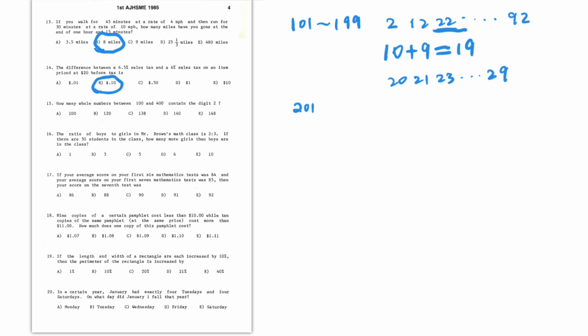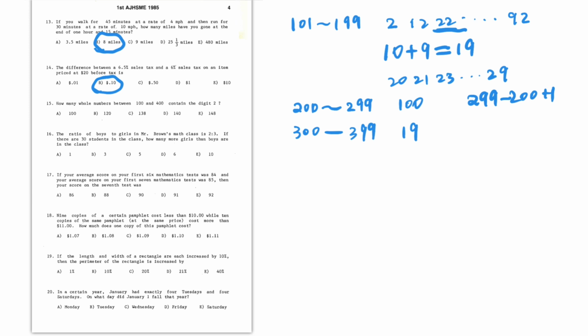From 200 to 299, that's 100 numbers. We already know the number of numbers: use 299 minus 200 plus 1. That's 100. From 300 to 399, same thing as 100 to 199 has the 19.